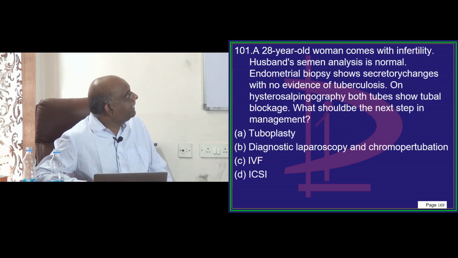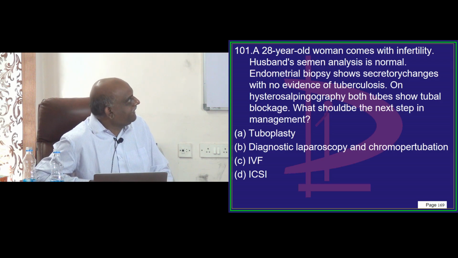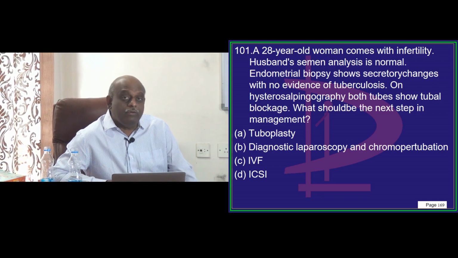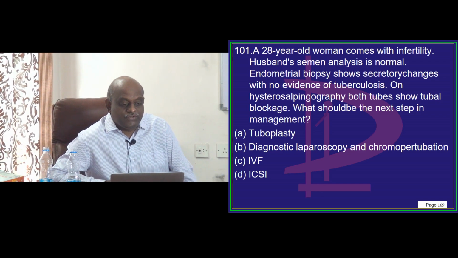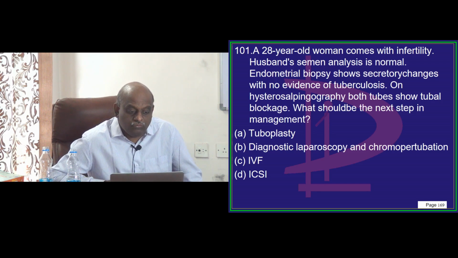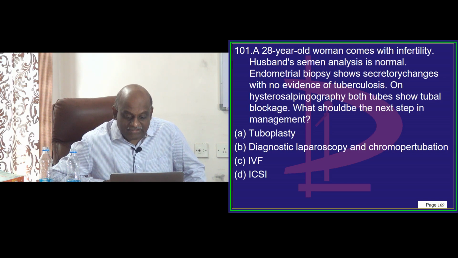So, a 28-year-old woman comes with infertility, husband's semen analysis is normal, endometrium shows secretory changes, and both tubes show tubal blockage. What is your next step in the clinical management? Yes.